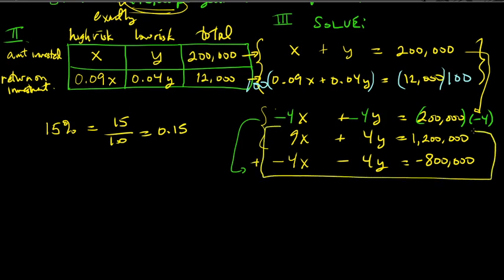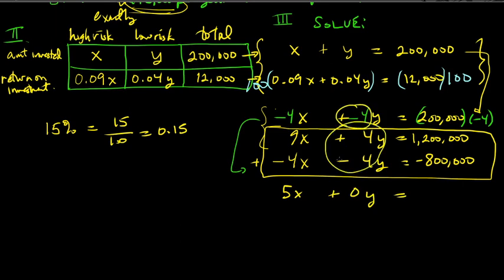So add these two equations together, and we get 9x plus -4x is 5x, right? 4y minus 4y is 0y. Right? That's why we multiplied by -4, right? -4 plus 4 is 0. We canceled the y's. We got rid of the y. We eliminated y. Right? All right, so 0 times y is 0, right? And then 1.2 million minus 800,000, I think, is 400,000.